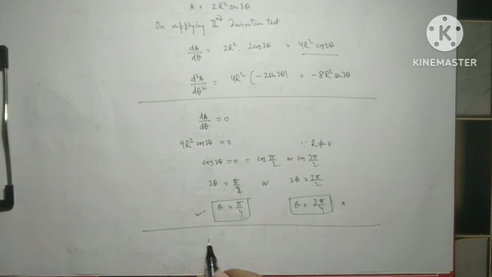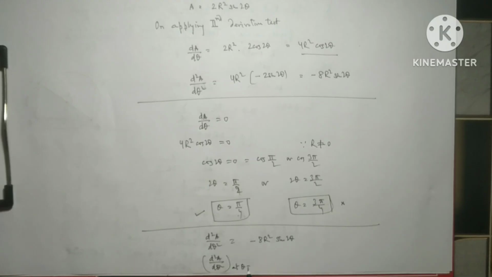Now the second derivative is d²A over dθ², that is minus 8r² sin 2θ. So on putting this value, d²A over dθ² at θ equals π/4, we get minus 8r² sin(2 × π/4).